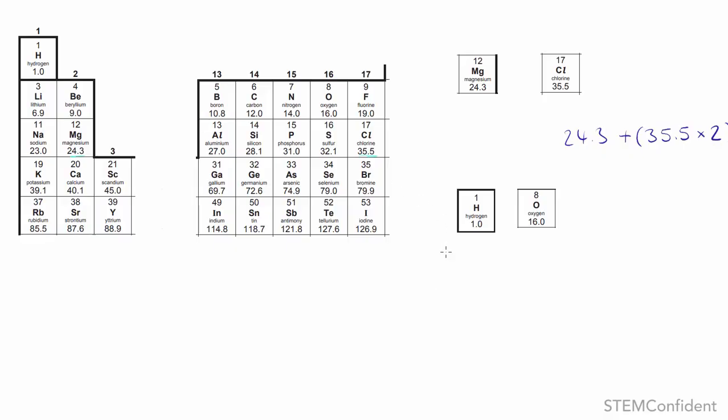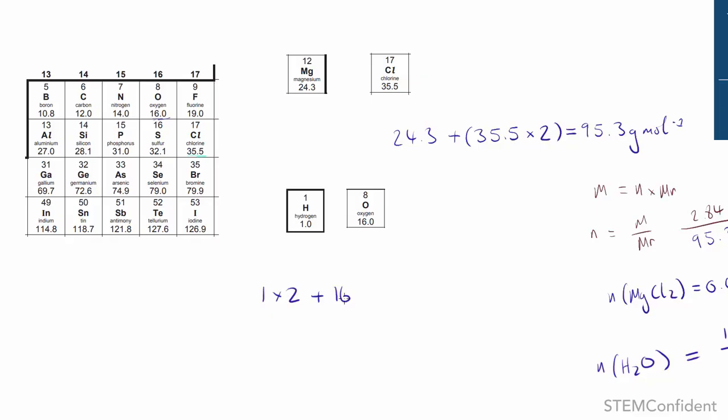Here we've got H2O, so it's going to be effectively 1 times 2 for the H2, plus for the O is going to be 16. And of course that's just simply 2 plus 16, which is going to be 18, and that's going to be in grams per mole.